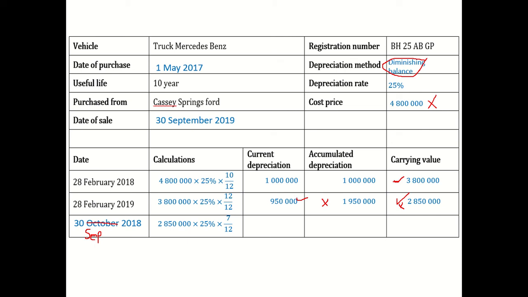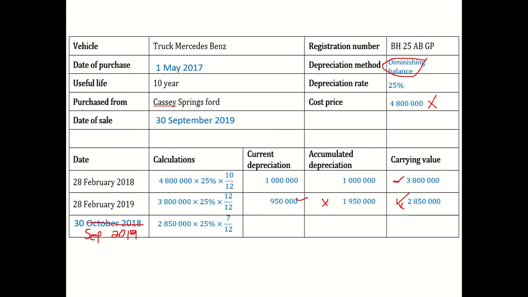And I did say, guys, the 2020, I mean, it's not supposed to be 2018, it's supposed to be 2019. The 2020 financial year starts on the 1st of March 2019. It ends on the 28th of February 2020.